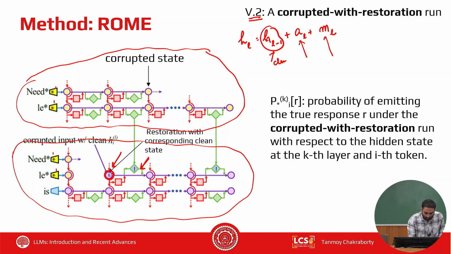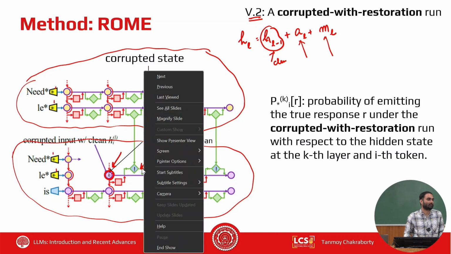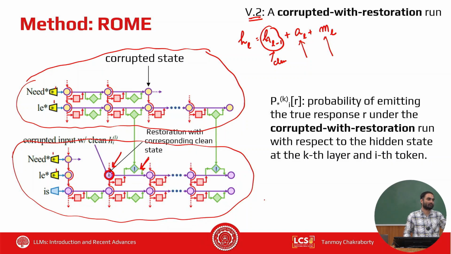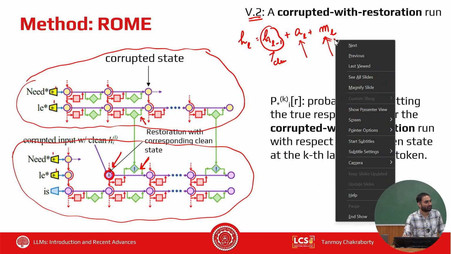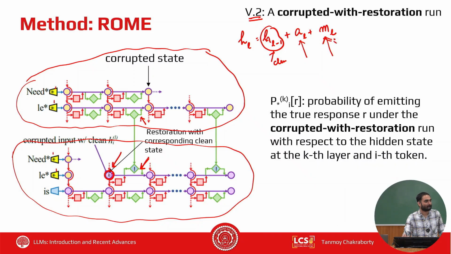They replaced the output of this MLP with the corrupted output that we obtain from the MLP of the corrupted setting. That means this is also corrupted. But remember, this corrupted MLP is not affected by this clean H_(L-1).